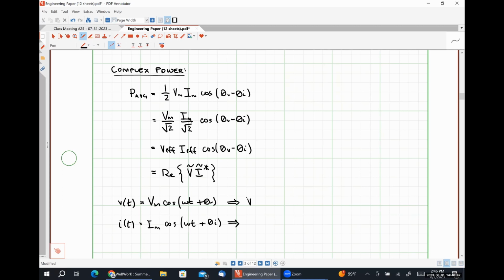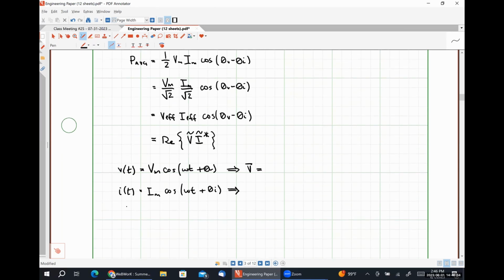So what would our phasor voltage V be? Vm angle theta V. Yep. And similarly, we would have I is equal to Im angle theta I, right? So we have our time domain representation here.